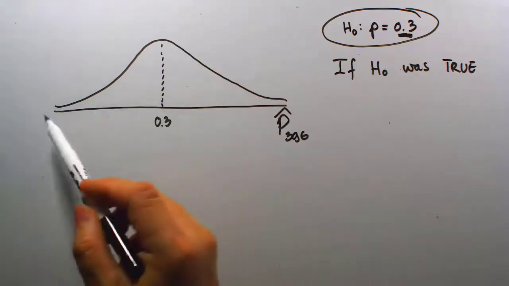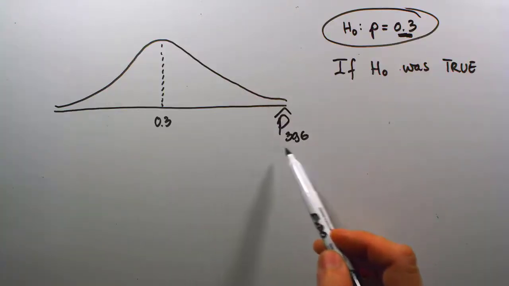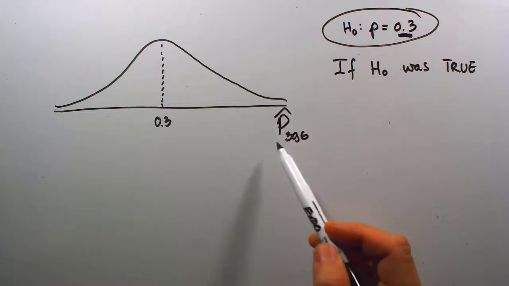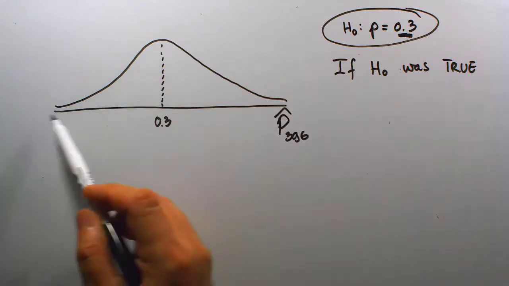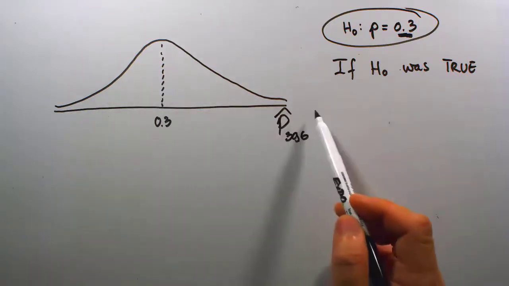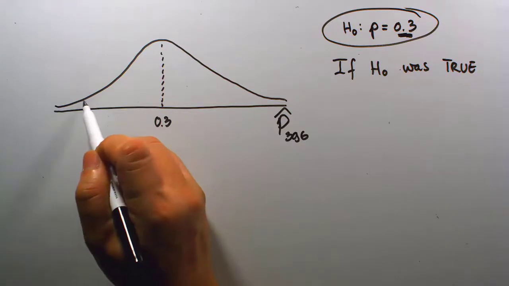And we spent our time showing that all values of our sample proportion can be found in a bell curve like this.